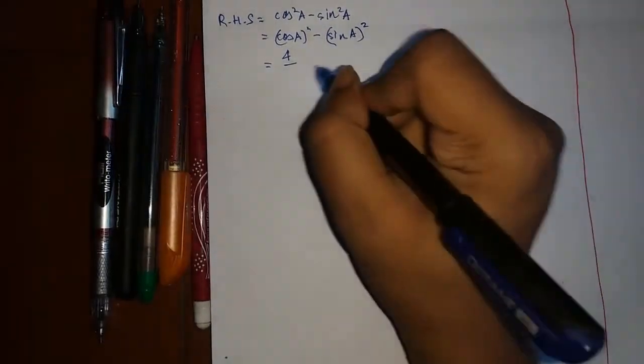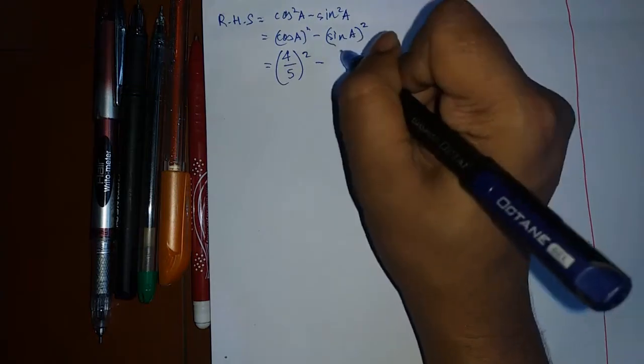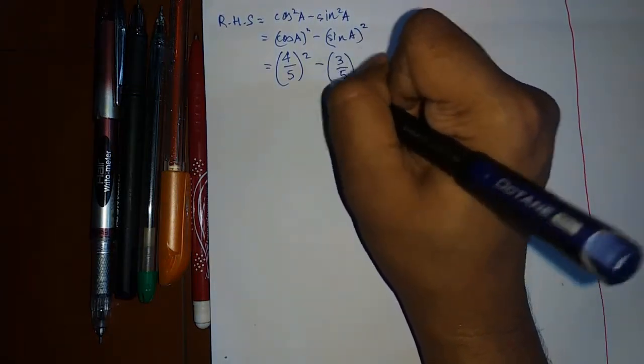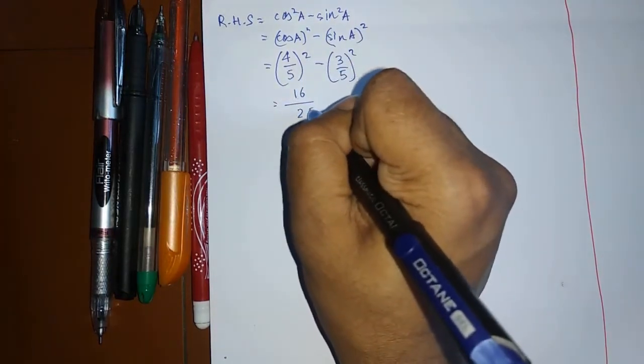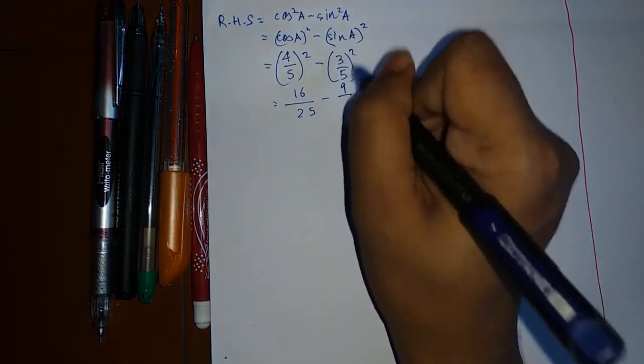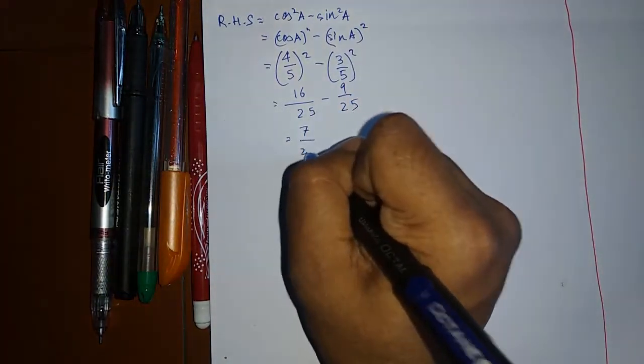And sin A is 3 by 5. So cos A whole square is 4 by 5 whole square minus sin A whole square is 3 by 5 whole square. 4 squared is 16. 5 squared is 25. Minus 3 squared is 9. 5 squared is 25. 16 minus 9 is 7, and 25.